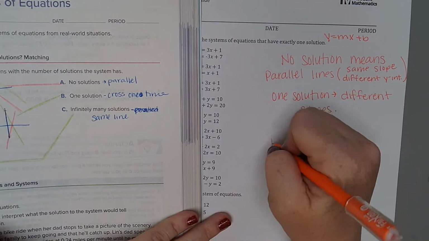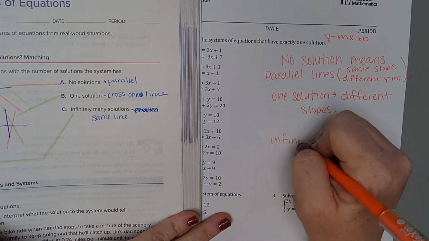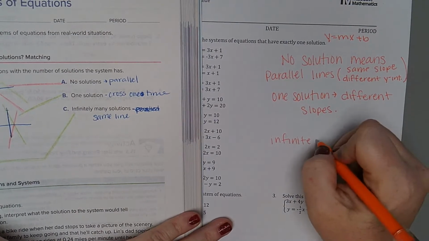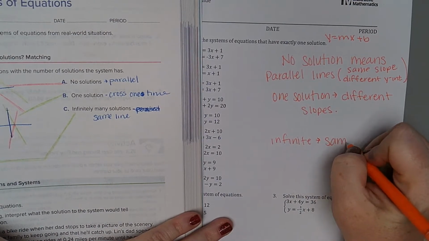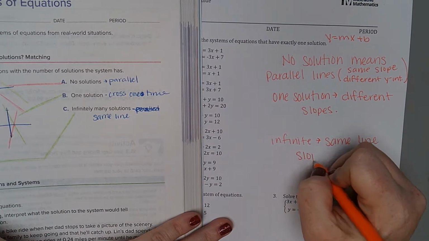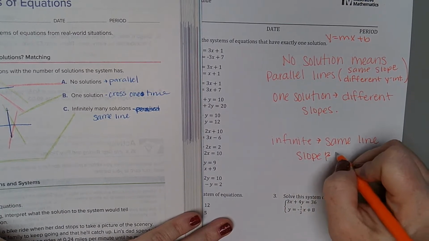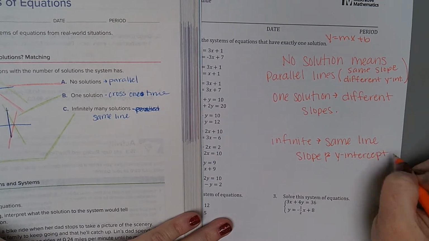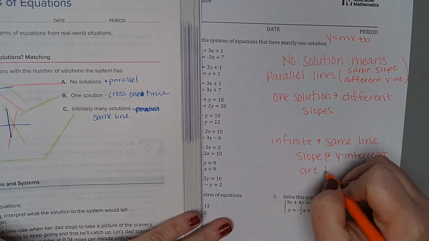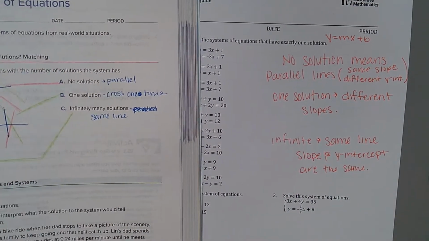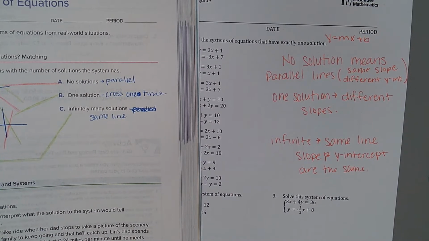And infinite, they are the same line. Same line. That means their slope and y-intercept are the same. That was from lesson 15, unit 4.